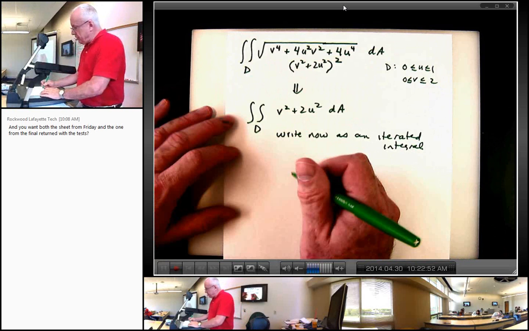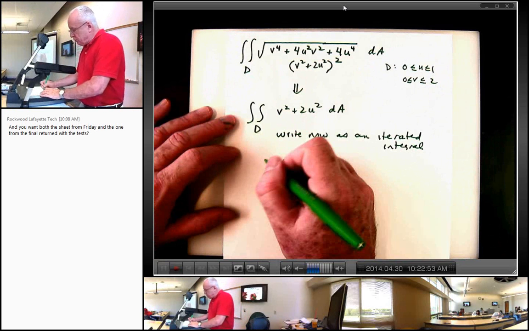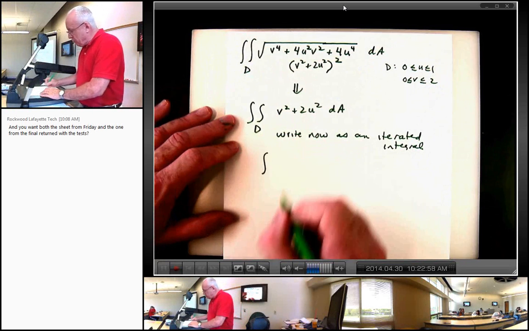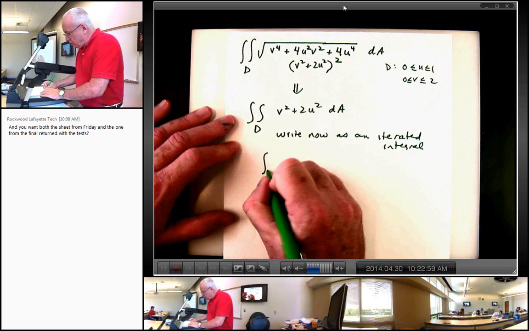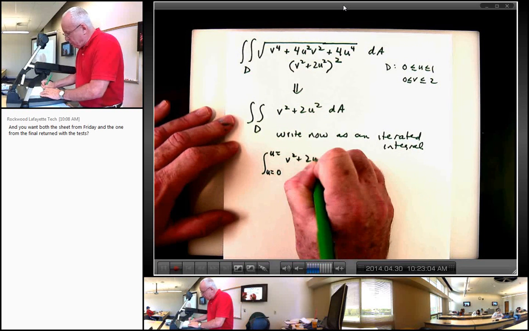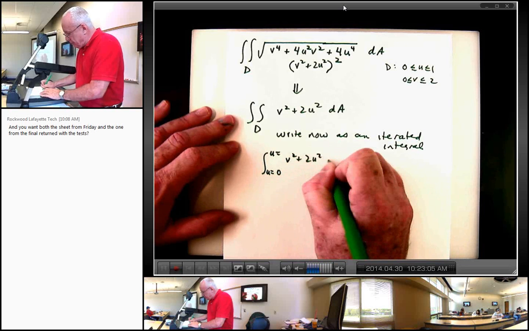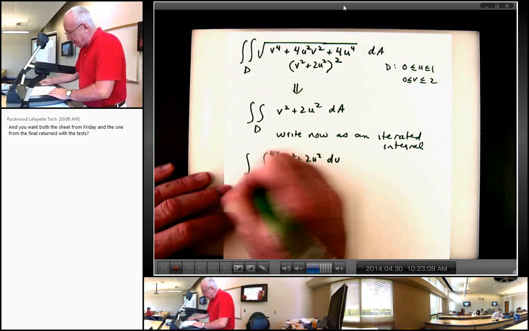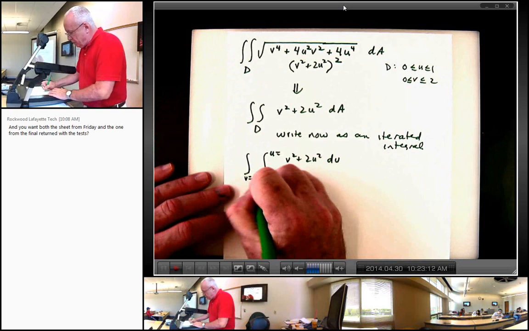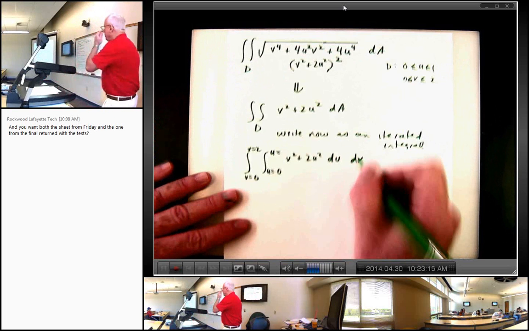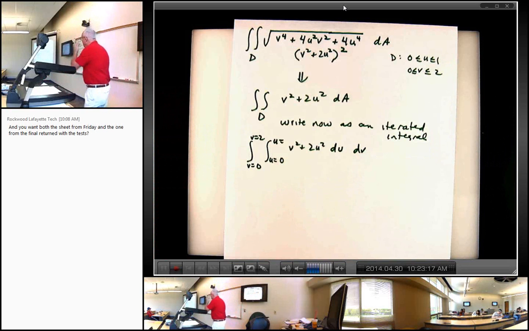I don't think there's any advantage one way or the other. I think I'll just start on the inside with u. So u goes from 0 to 1. And then I have v squared plus 2u squared, and that'll be du. And then my outer integral I'll have as my v, where v goes from 0 to 2.